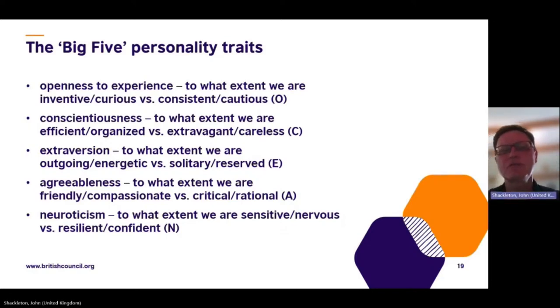Start thinking about that in relation to yourself. Conscientiousness: on one end of that spectrum, hyper-efficient, ruthlessly organized, or a little bit less organized, a little bit more carefree, let's say, in terms of your approach to life in general.